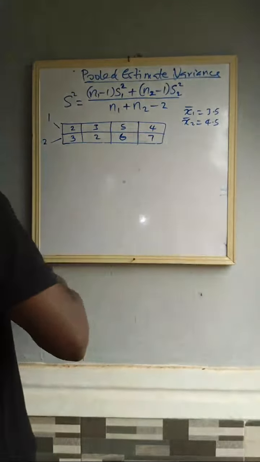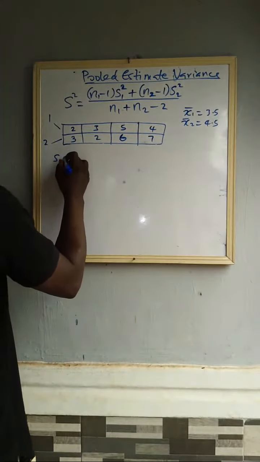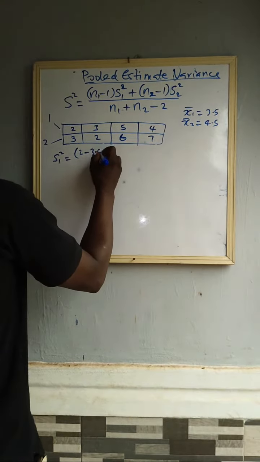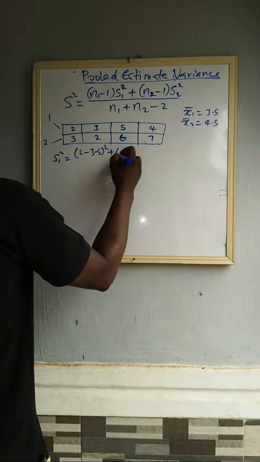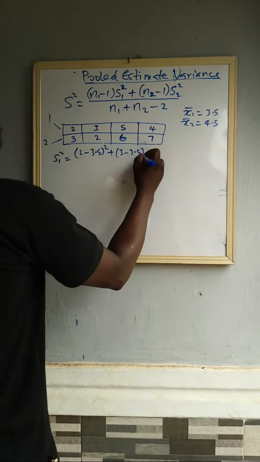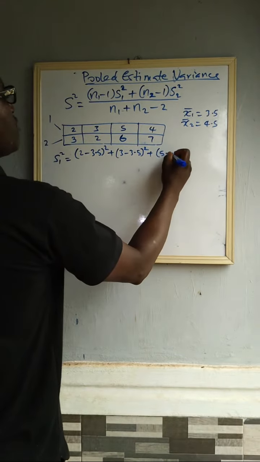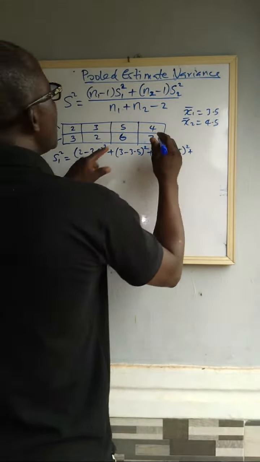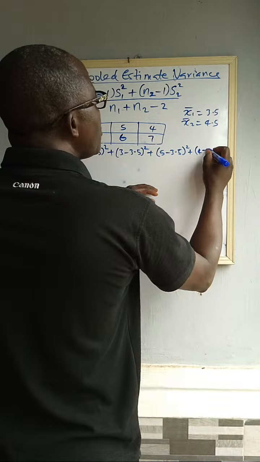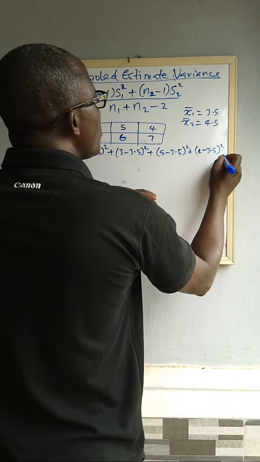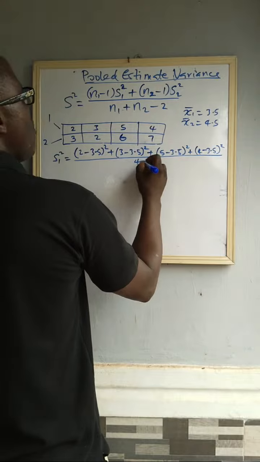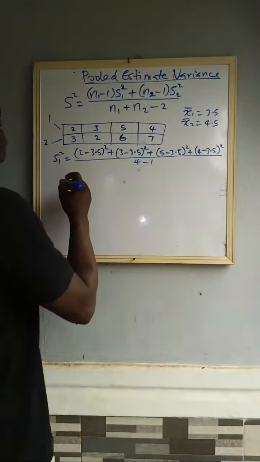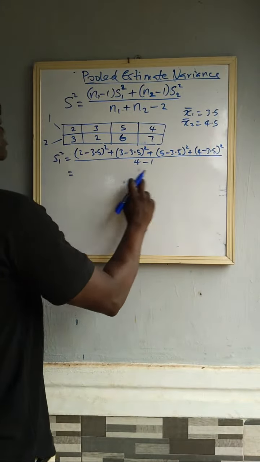Now the variance for the first set of data, s1 squared, equals (2 minus 3.5) squared plus (3 minus 3.5) squared plus (5 minus 3.5) squared, and then plus (4 minus 3.5) squared, everything divided by 4 minus 1. Are we following that? Everything divided by 4 minus 1. And I will soon get the answer for you.